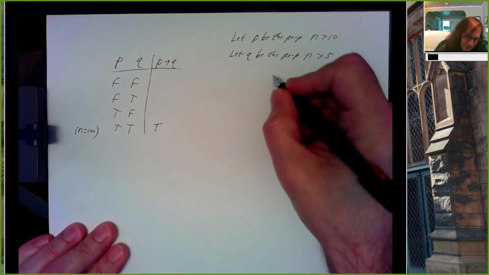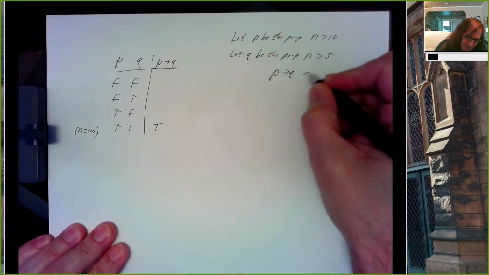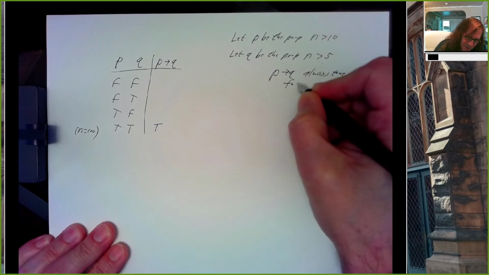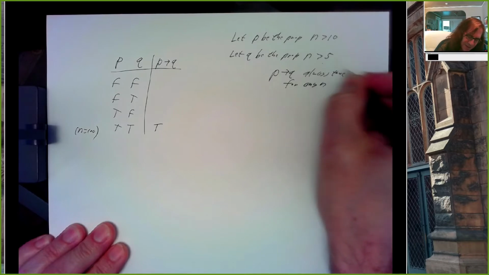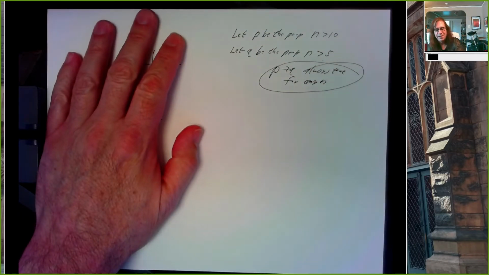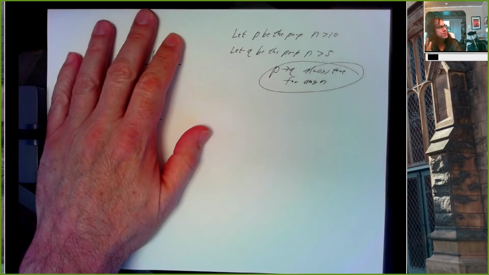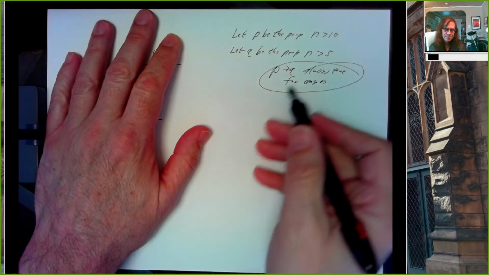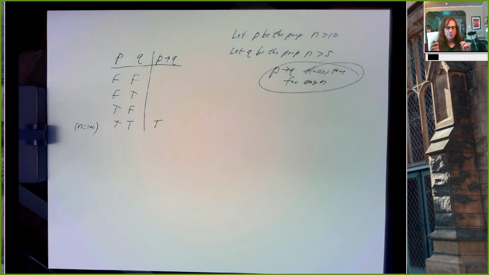This is always true for any n. Any integer you pick, if it's bigger than 10, it's bigger than 5. Agreed? So for any n I pick, if P then Q should be true.